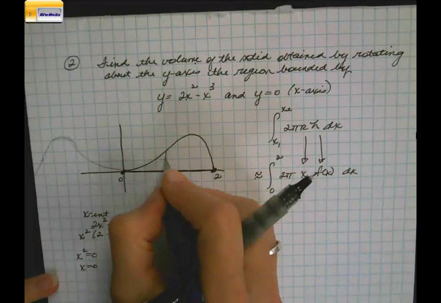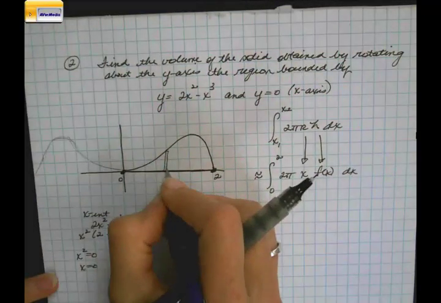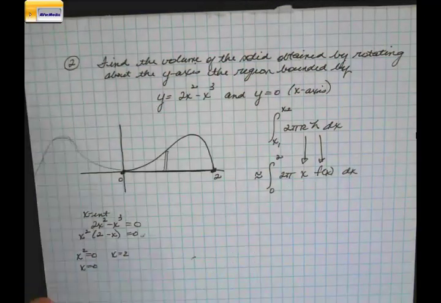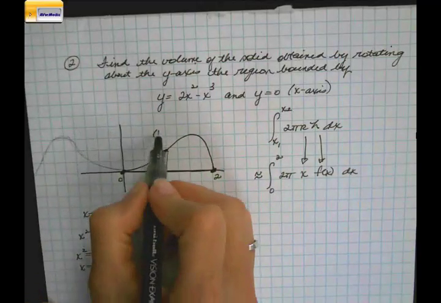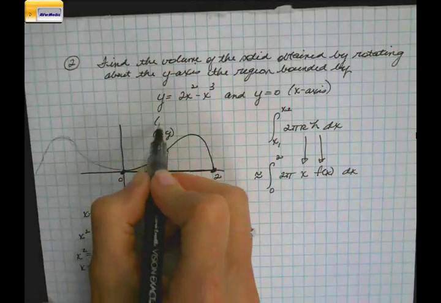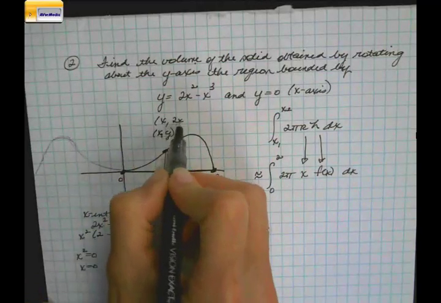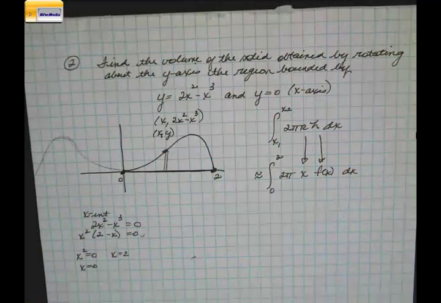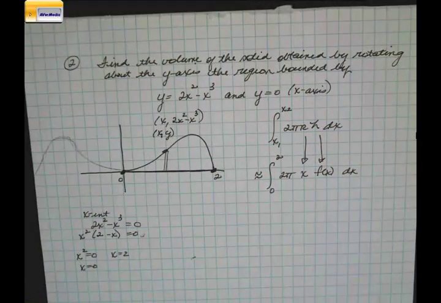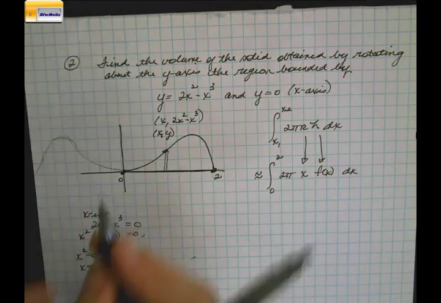If we put a really thin, narrow cylinder underneath here, then the point where it touches the curve is a point x, y. But it is the point x, 2x squared minus x cubed if we're going to play only in the x variable, because we're integrating with respect to dx. Remember, dx is the width of that little rectangle, which is supposed to be approaching 0.